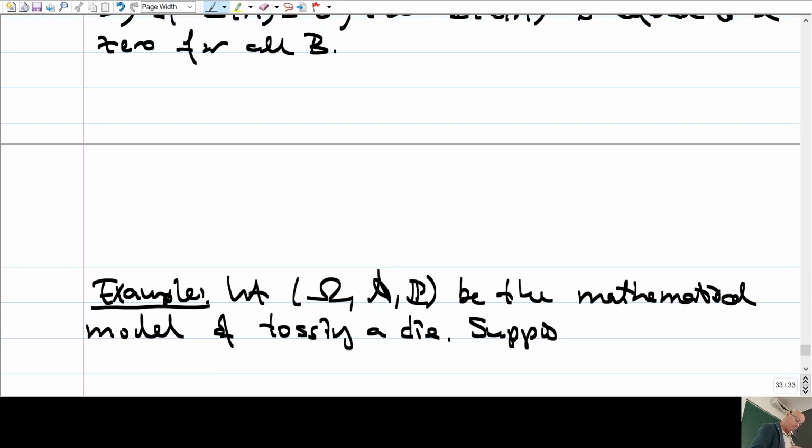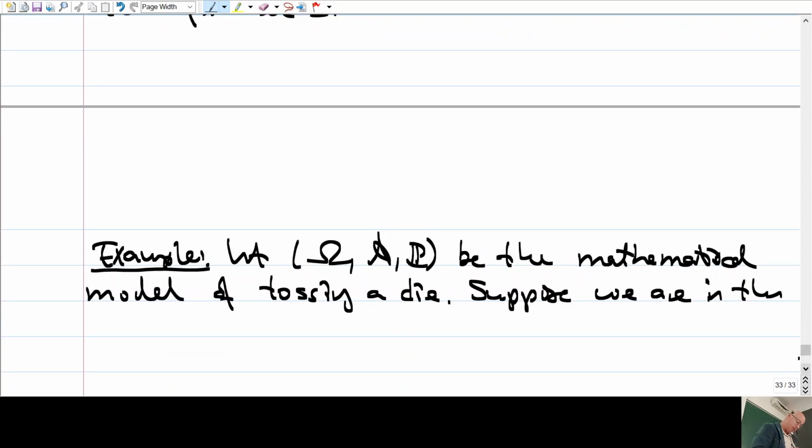Suppose we are in the classical scheme. Therefore, each face of the die will have the probability 1 over 6, because it has 6 faces if it's a cube, right?